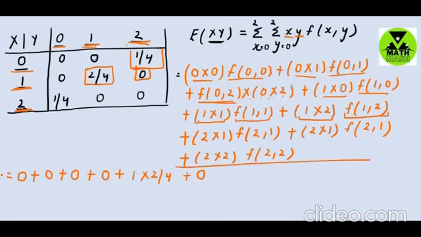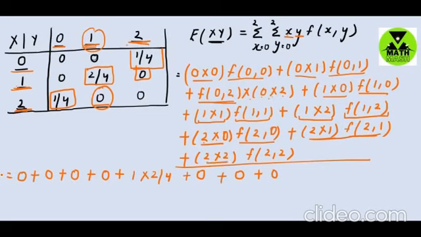So this is 0, plus 2 multiplied by 1, which is 2, and f at 2, comma 0 is 1 by 4. So 2 multiplied by 0 is 0, and that multiplied by 1 by 4 is 0 again. Then 2 multiplied by 1 is 2, and f at 2, comma 1 is 0, so this is 0 again.